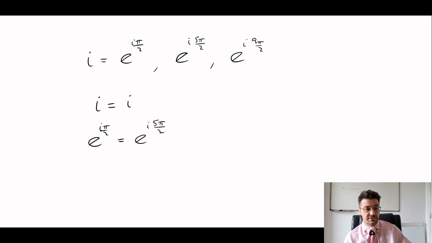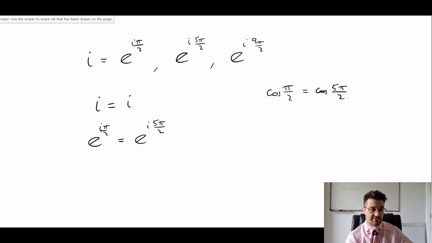Now there's nothing unusual about this, by the way. So cos pi by 2, for example, is equal to cos 5 pi by 2. So there's nothing strange with a function having the same value for two different arguments. There's nothing weird about that.